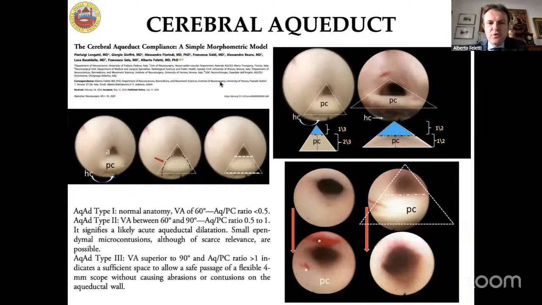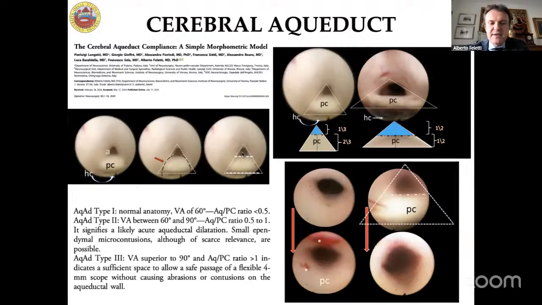We have recently published a paper about a morphometric model to try to guess if the navigation of the cerebral aqueduct with the flexible scope is safe or not. We basically draw a triangle including the adytum of the cerebral aqueduct and the posterior commissure, and we draw another triangle inside the first triangle, drawing a line at the posterior part of the cerebral aqueduct.